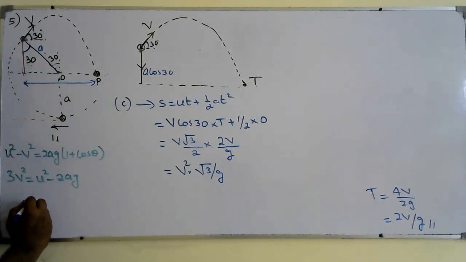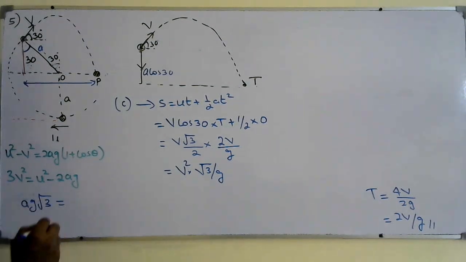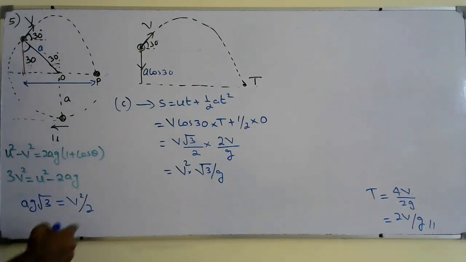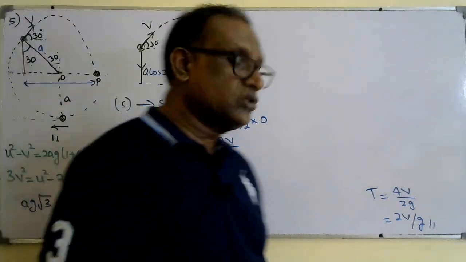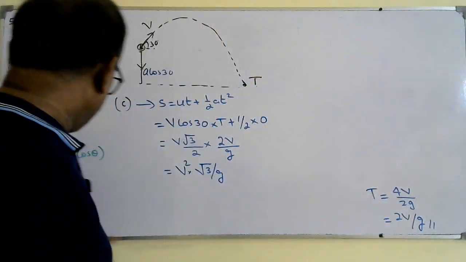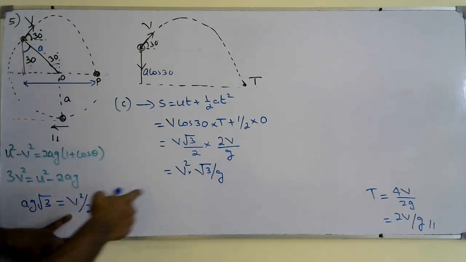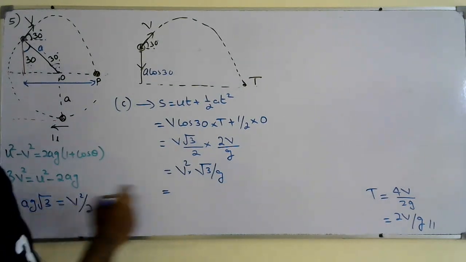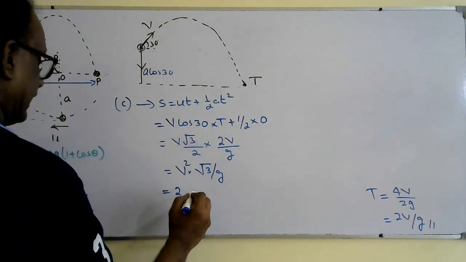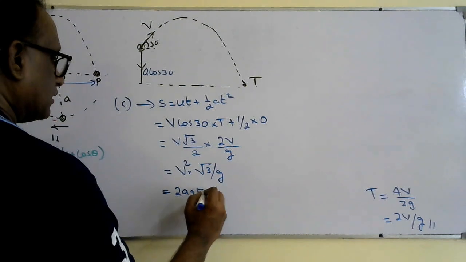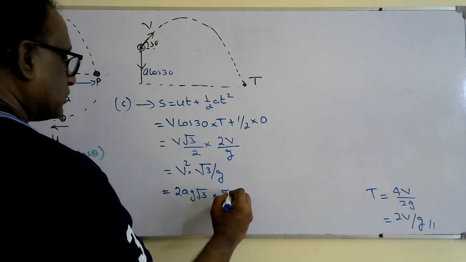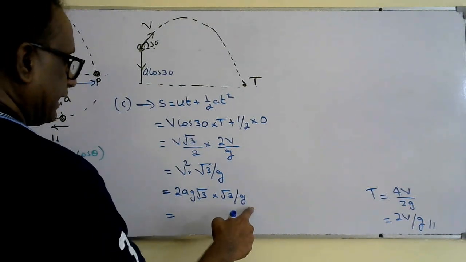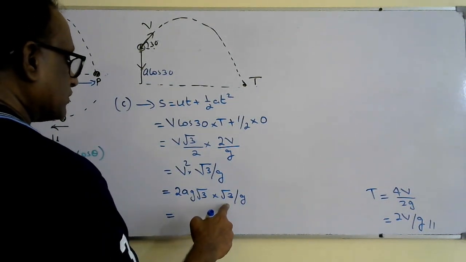We got AG root 3 is equal to V squared by 2. You might remember that. So instead of V squared, here we can substitute 2AG root 3, into root 3 over G. So G will get cancelled, root 3 into root 3.